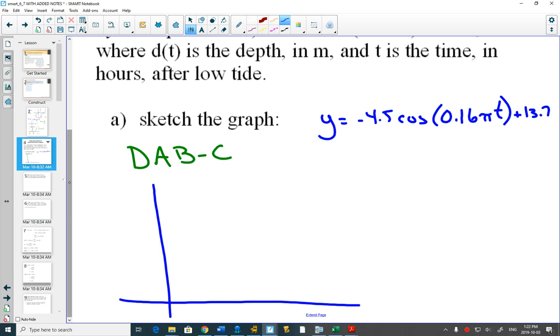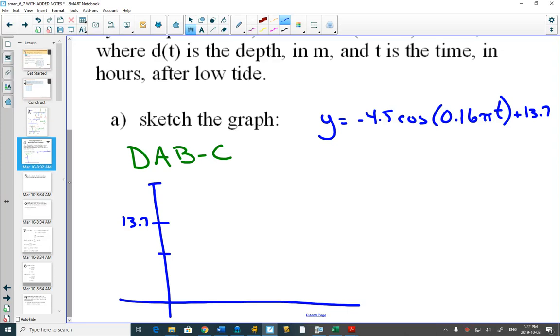Okay, it's a real life example, so it's not necessarily a pretty number at 13.7. And our amplitude is 4.5. So with the DAB part, before I put it in, I'm going to think about my scale a little bit. I'm going to put 13.7 right there, which means I'm going to need to go up 4.5 and down 4.5 from there.